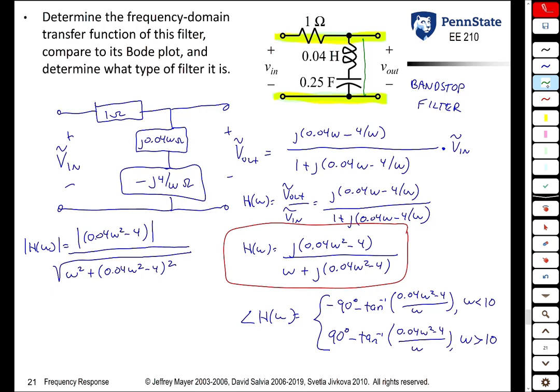Let's spend a couple minutes looking at specifically the magnitude response for low frequencies, high frequencies, and some middle frequency. So the magnitude of h of omega evaluated at omega equals 0 is what? The numerator just becomes 4. The denominator, you get the square root of 0 plus 0 minus 4 squared. So you get 4 over the square root of 16, or 1.